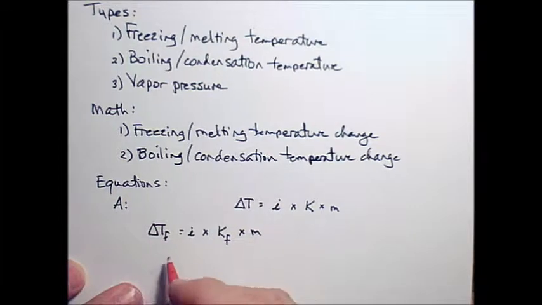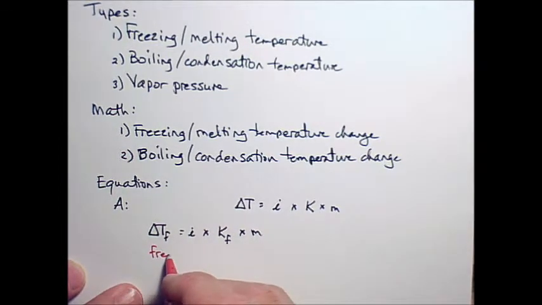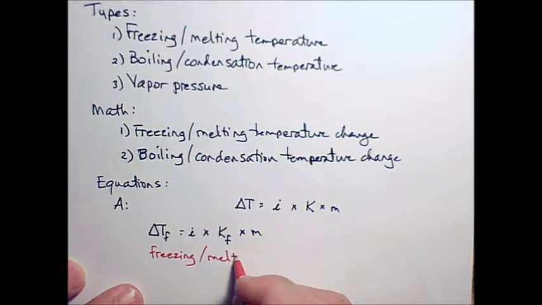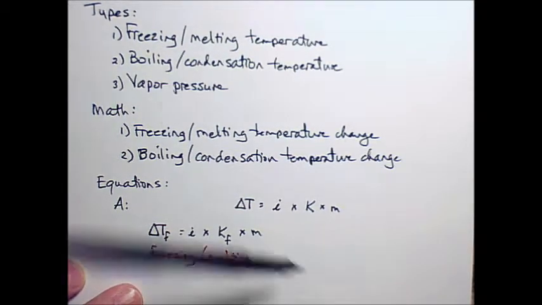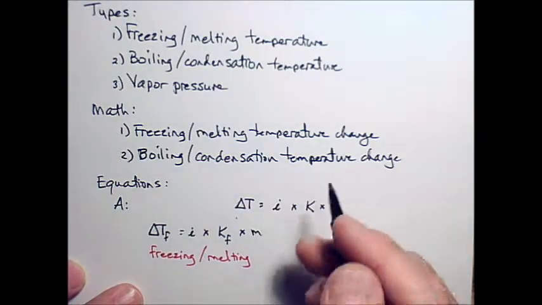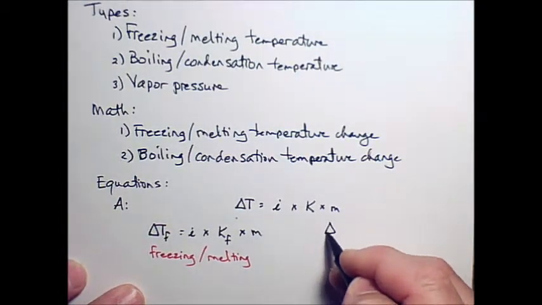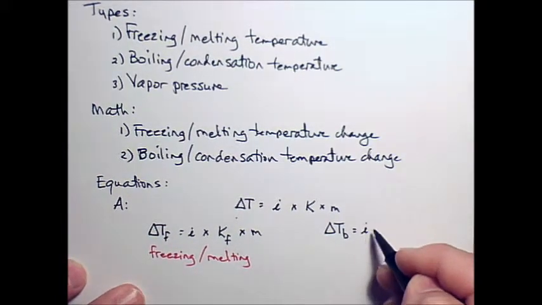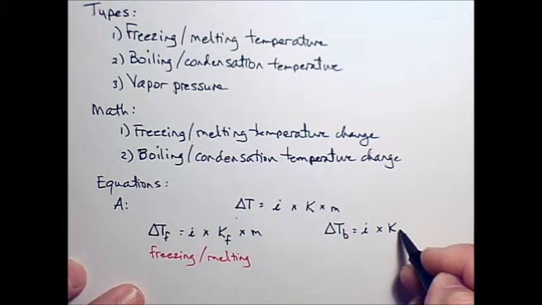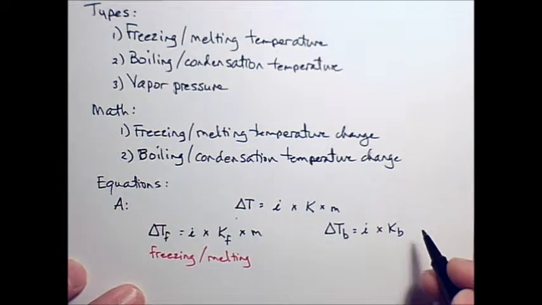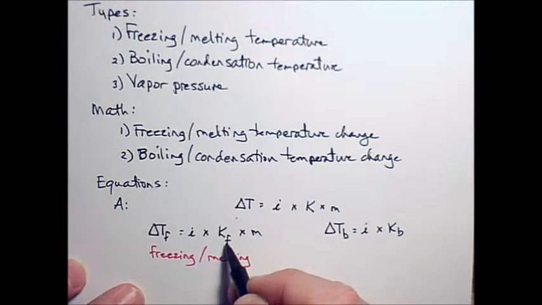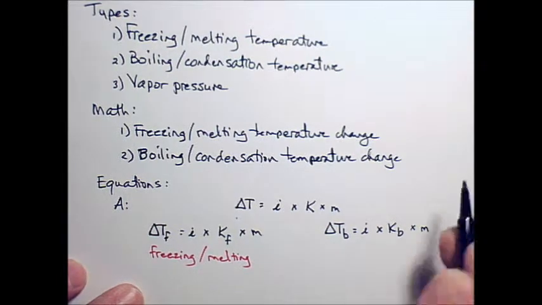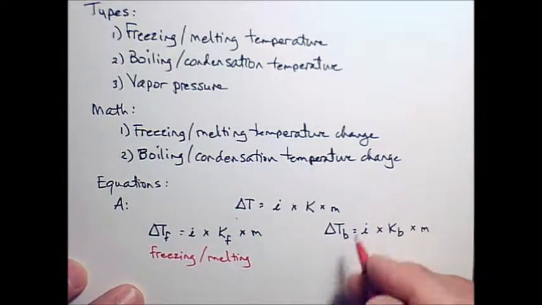So this is the one used for freezing and melting temperature change. And then the same sort of thing is done for boiling and condensation temperature. The change in the temperature of boiling equals i times K sub B, the constant for boiling, times m. So this is the one we use for boiling and condensation.